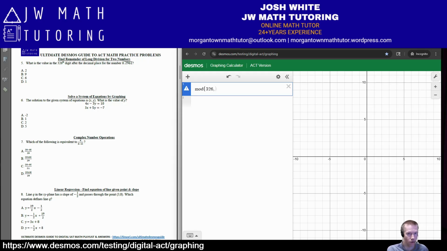But in this case there's 2961, so I'm going to divide it by 4. Then I look at the remainder. The remainder tells me what position in the pattern I am in. So for example, the remainder here is 2. That means I'm at the second position in the pattern. Therefore, the correct answer is going to be letter B, 9.